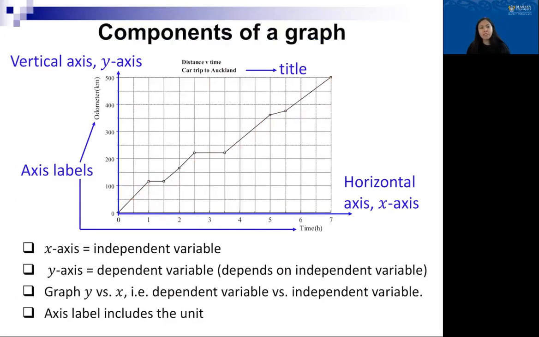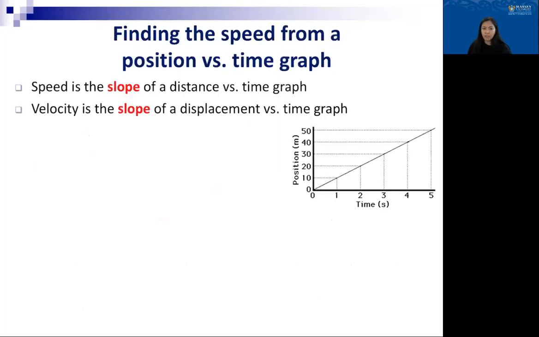And if we have a displacement versus time graph, we can figure out our velocity. Okay? And how do we figure out our speed or velocity from this graph? The speed can be determined by taking the slope of a distance versus time graph. And if you're given a displacement versus time graph, then you can find the velocity from the slope.